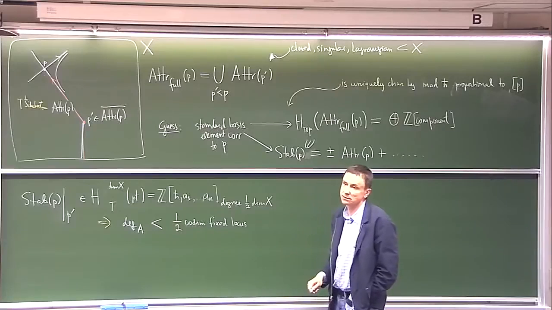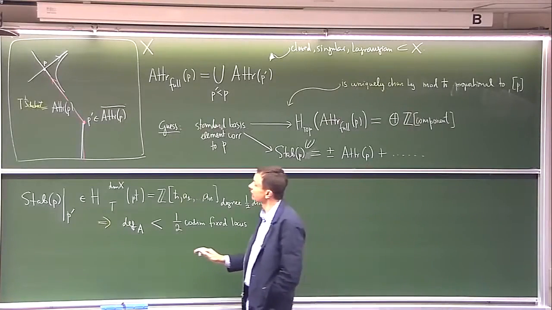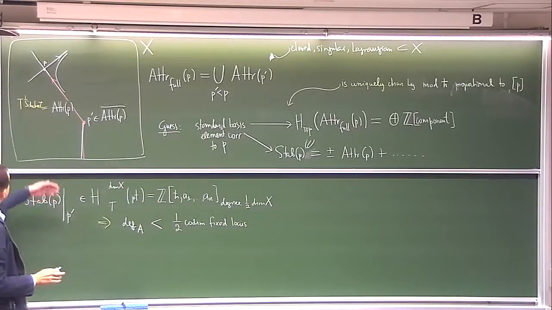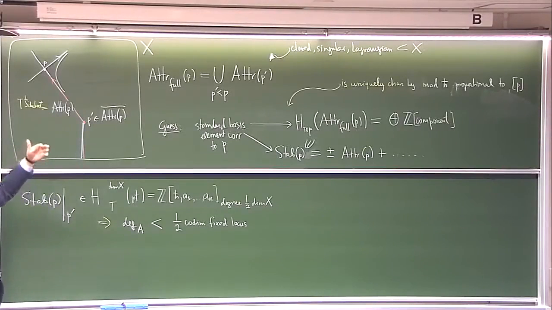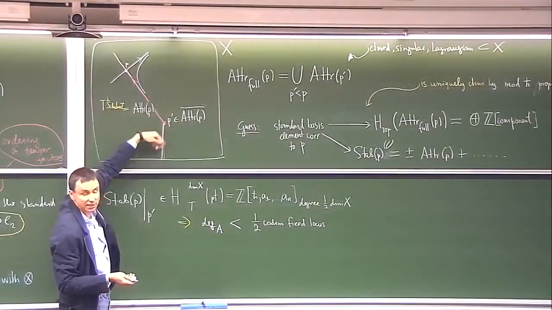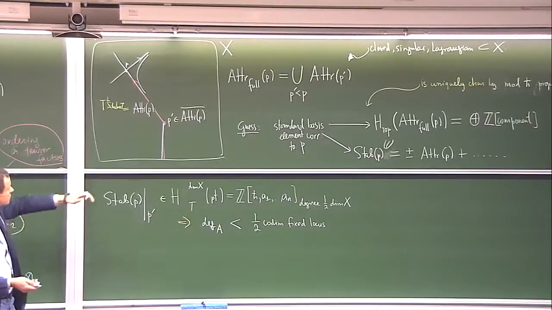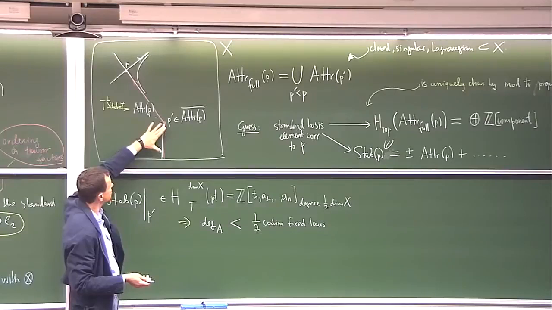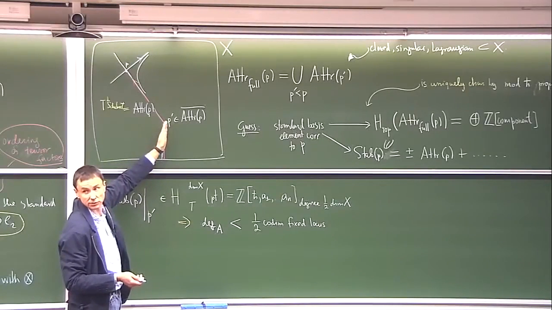Is that clear? So maybe one more time. Suppose I have two different stable envelopes, and then I take their difference. This is some class which will now be supported on the full attracting set of some smaller fixed points. And so then, okay, what does it mean? That means its restriction to this point factors through the inclusion of this fixed locus.